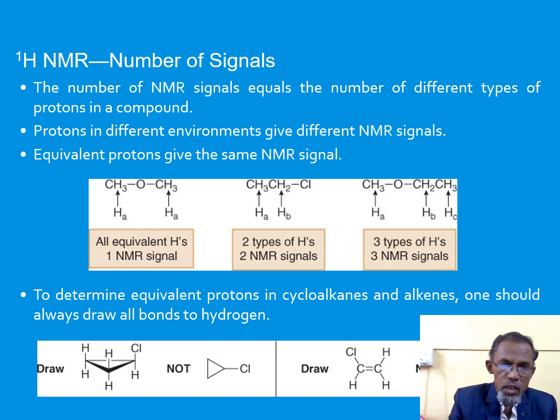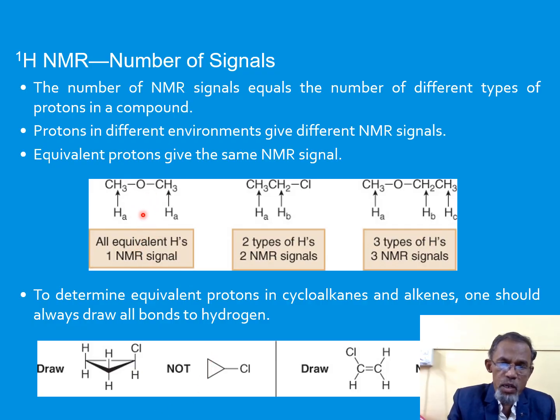In this case, the proton environments are equal, thereby all are equivalent protons. Though there are six protons, the environment is the same, so if you subject this ether molecule to the NMR spectrometer, we get only one signal.